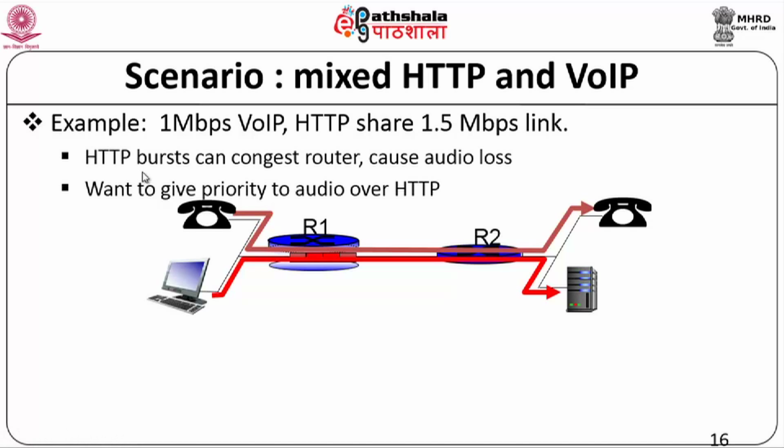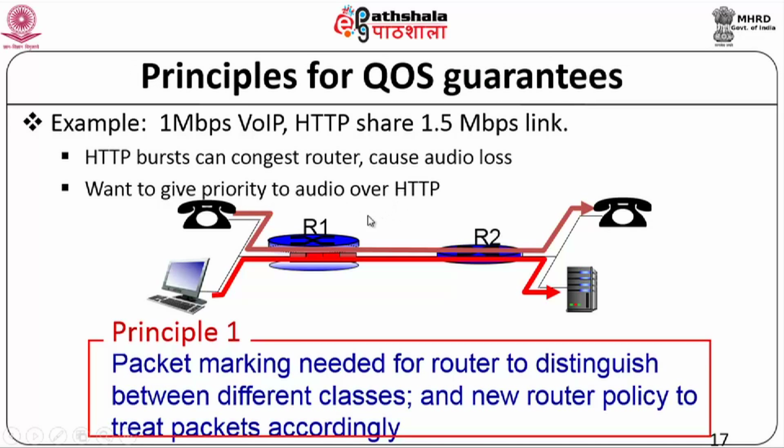An HTTP burst can congest the router, and when it does, it can cause the audio packets to be lost. So what would we like to do in such a situation? We would like to give priority to audio over HTTP because we do not want audio packets to be lost. That is one of the challenges that we have.